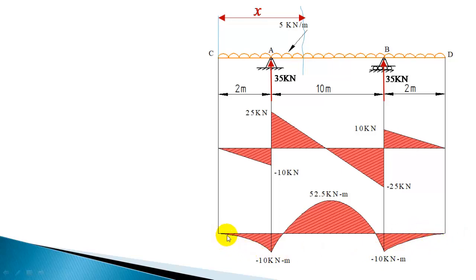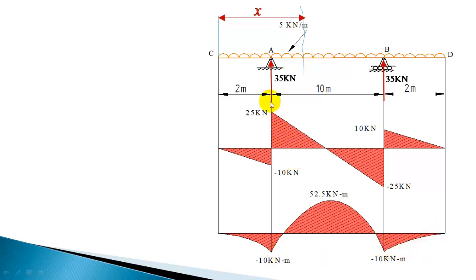Parabolic variation for a bending moment curve, you should always plot it like this, with the concave side down. Okay, you should not draw it the other way. Here similarly you should not draw it like this.